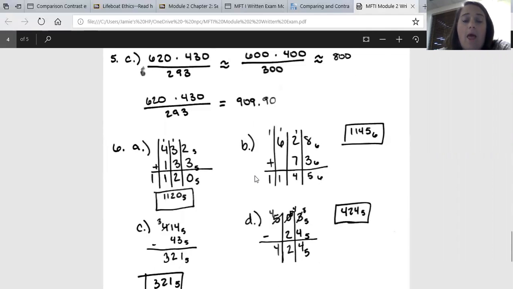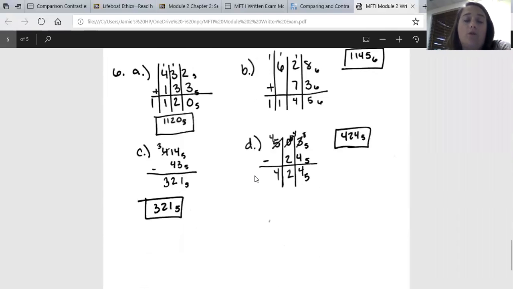And then on number 6, we're doing our base 5 and 6 addition and subtraction. And basically all this says is that when we are adding, normally we just use our base of 10. And so nothing above 10, it has to be carried over if it's above 10.